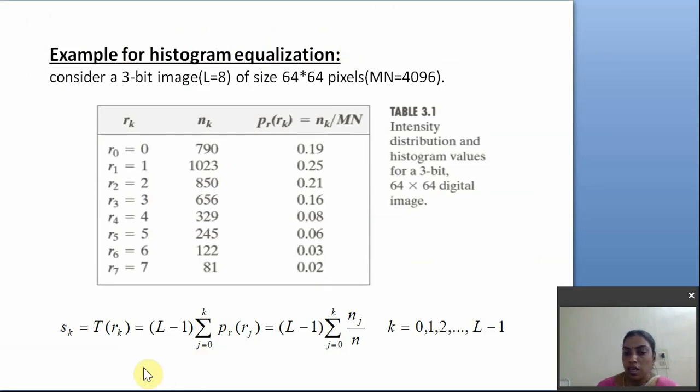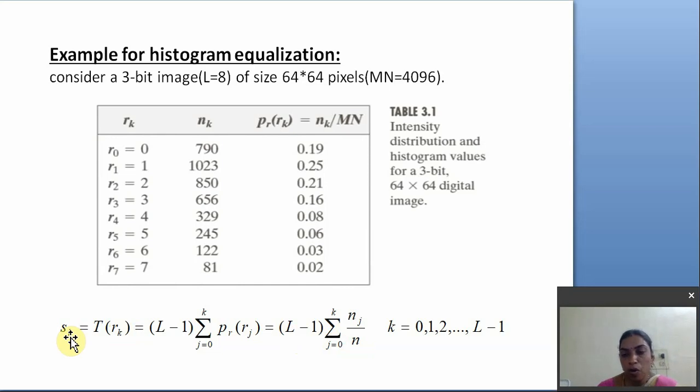The histogram equalization transformation is nothing but Sk is equal to L minus 1 summation PR of Rj, or L minus 1 summation Nj by N. Here Rk is related to the input image, and Sk is related to the output image or enhanced image.